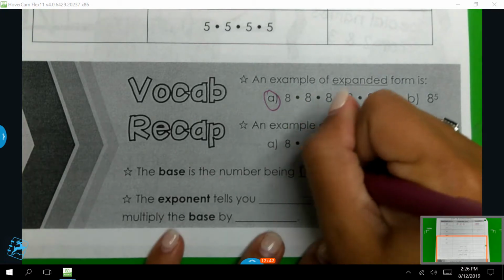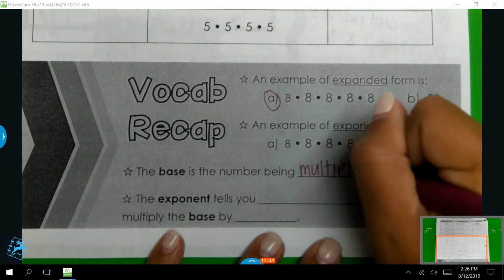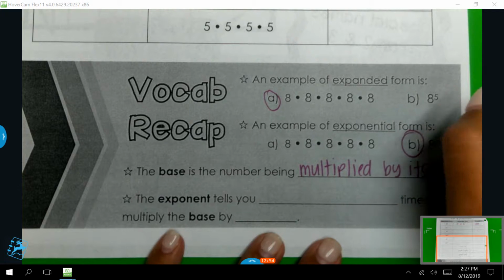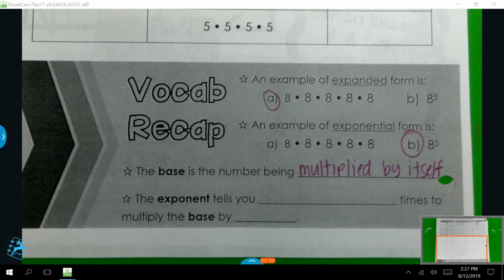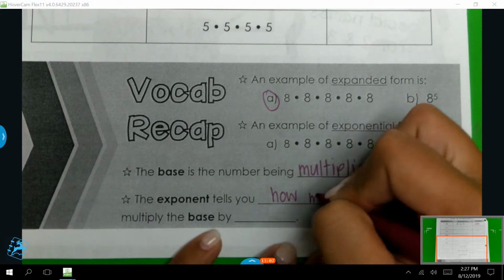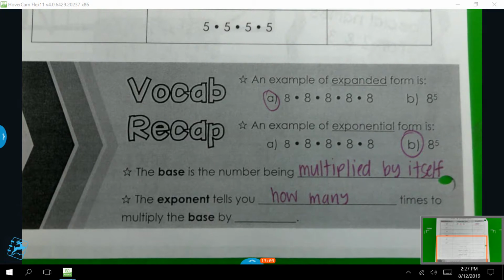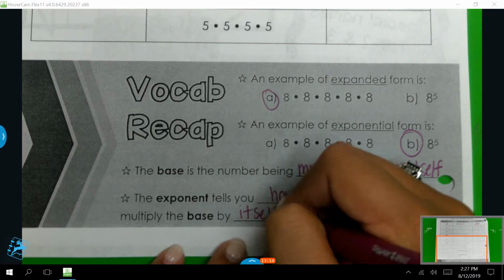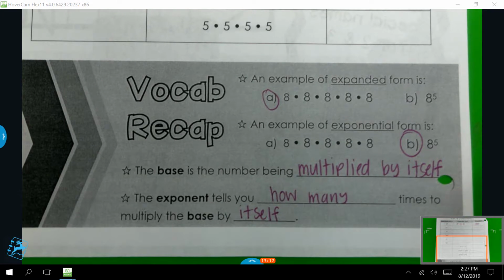Good. And the exponent tells you how many times to multiply the base by what? By itself. Good. Questions on that page?